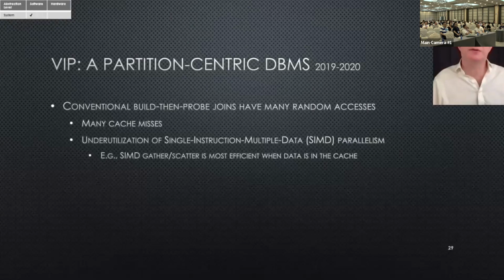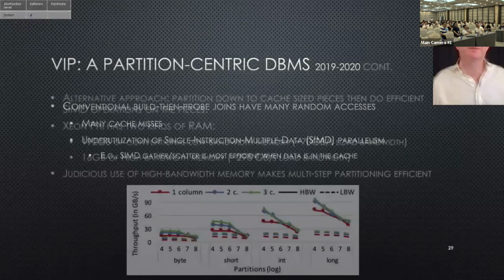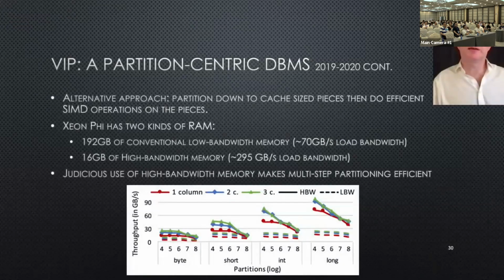So what's an alternative way that you might build a system? On a machine like the Xeon Phi, we have high bandwidth memory, which is particularly efficient and allows us to read and write much faster than we could to conventional RAM.